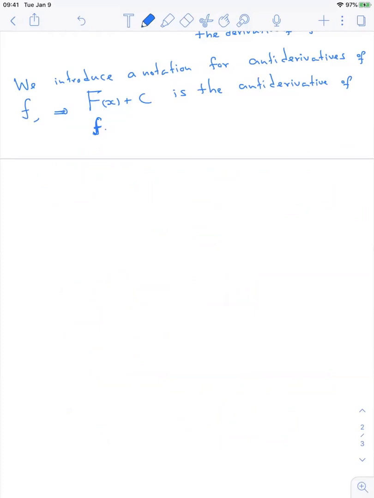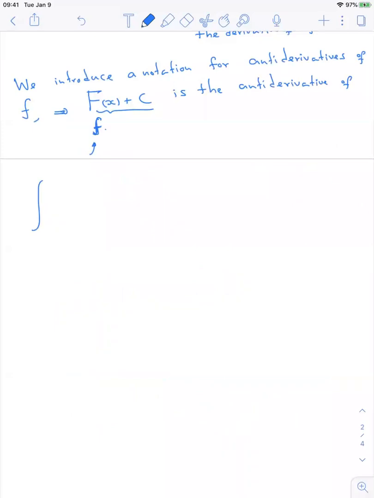Now, to represent that f(x) plus c is the antiderivative of this function f, we write it mathematically using this symbol right here. The symbol is something like this, right? If you haven't used it, just note how I write the symbol.